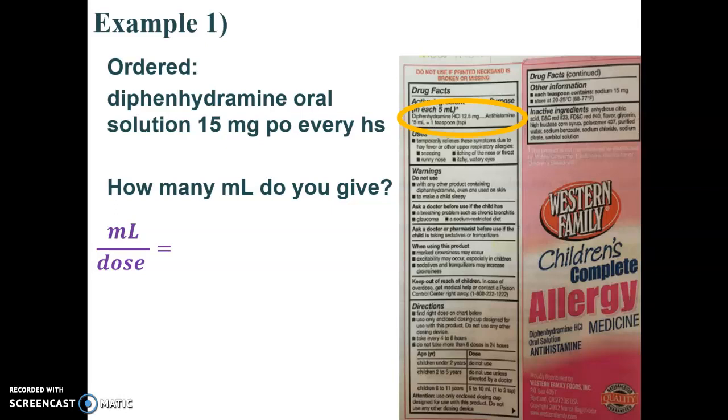But if you wanted to put a cap on it as well, you could think about doubling it. Okay, to double something means that you're just going to multiply by 2. It makes for some easy math, so it's a good estimation to have. So if we double our numbers here on the label, if we double the 12.5 milligram, that gives us 25 milligrams, which is obviously way too much. But if you're doubling that 12.5 milligram, then you're going to need to double the 5 milliliters and get 10 milliliters. So in 10 milliliters, you can have 25 milligrams of this diphenhydramine.